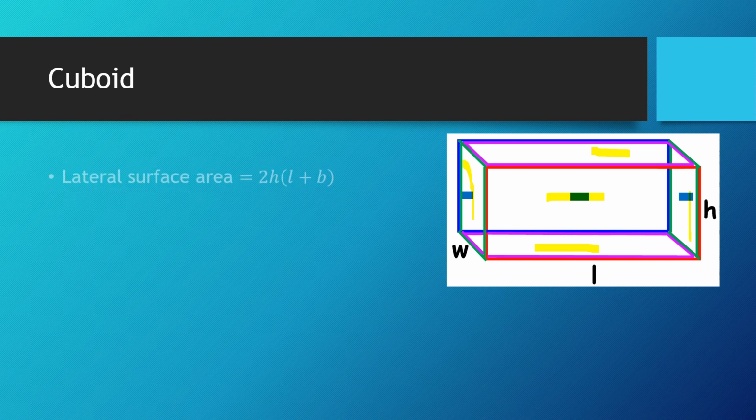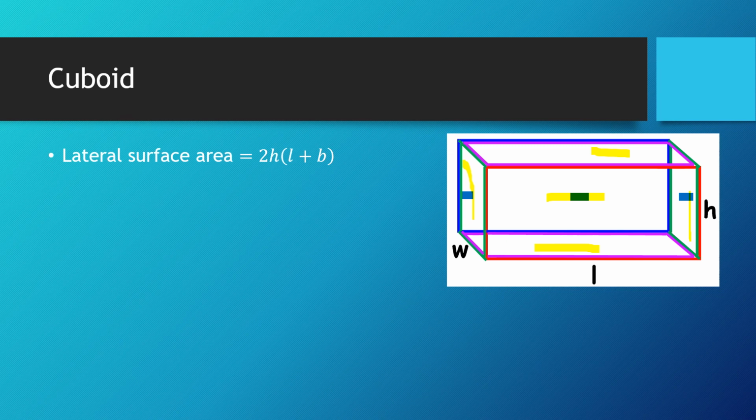So what will be the lateral surface area of cuboid? It will be 2HL plus 2HB. There are 4 rectangles. These 2 rectangles will have the same area and the front and back rectangles will have the same area.